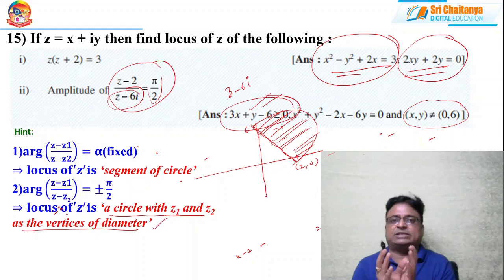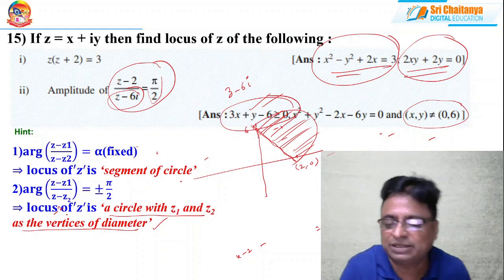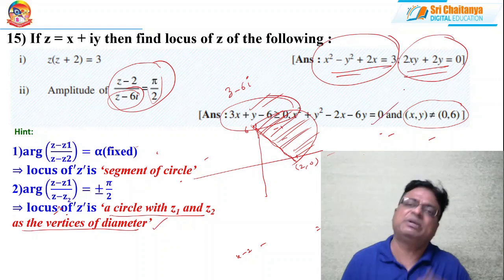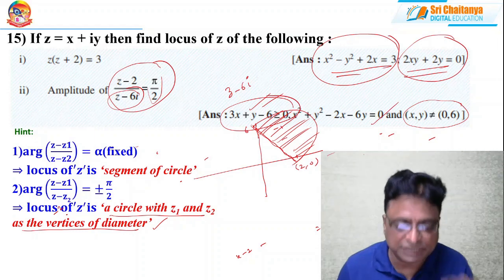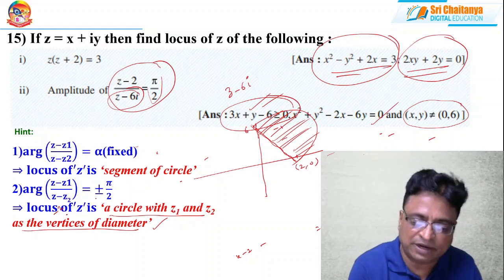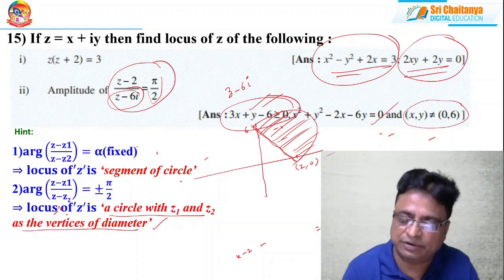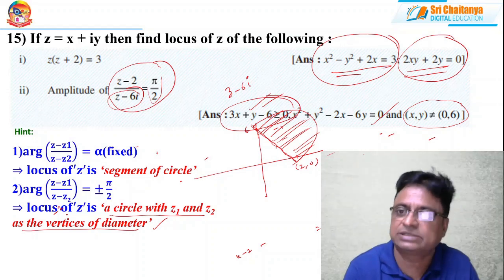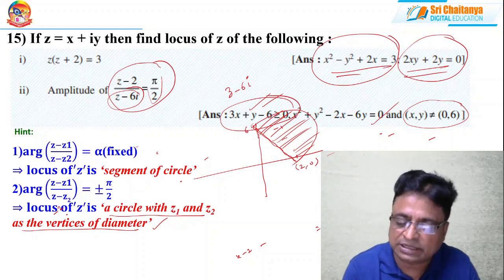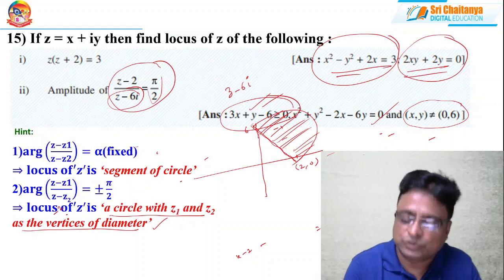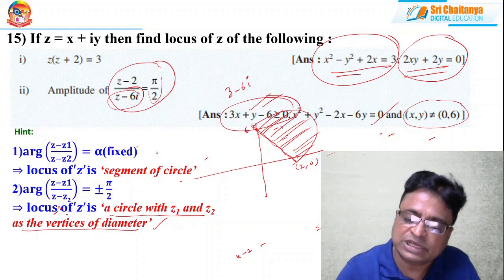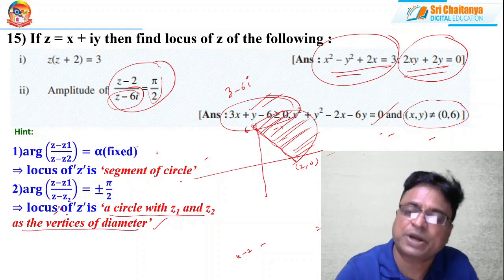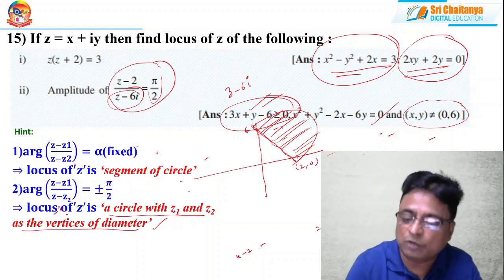My suggestion: solving the problem and getting this equation is nothing, everybody can do. But your job is, whenever the argument is pi by 2, the diagram is like this, and these are the extremities of the diameter. So this is a circle, and moreover it shows the upper part of the circle, not the below part.